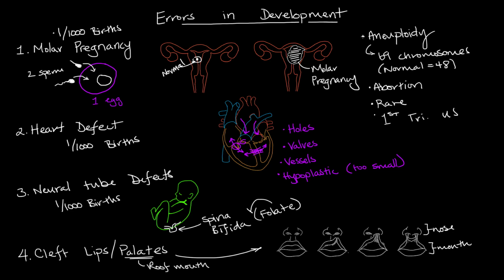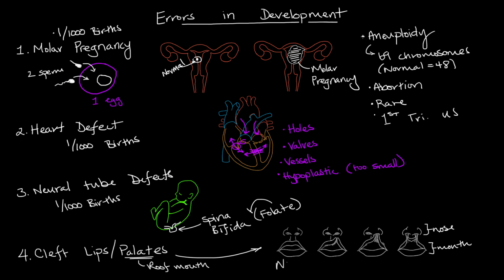And so these are examples of cleft lips, but underneath this person's top lip in the roof of their mouth, they may also have a cleft that connects between your nose hole and your mouth hole, basically, and you get kind of one big cavernous space in the mouth.